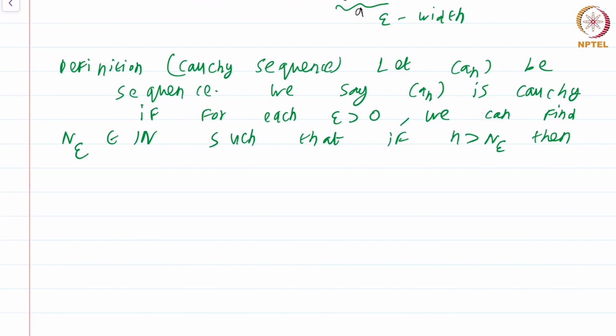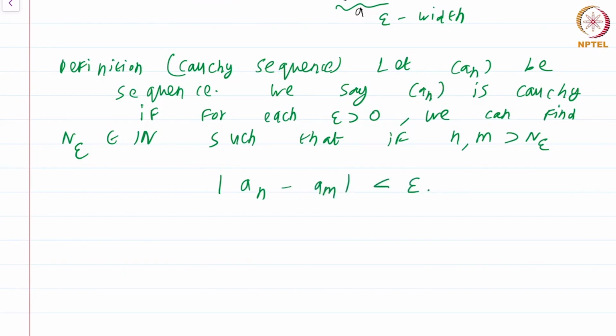So what we want to say now is not just that if n is greater than N_epsilon, we want to sample 2 different points in the sequence beyond N_epsilon. So we choose n, m greater than N_epsilon, then |a_n - a_m| will be less than epsilon.